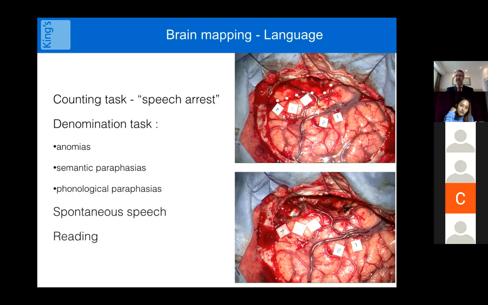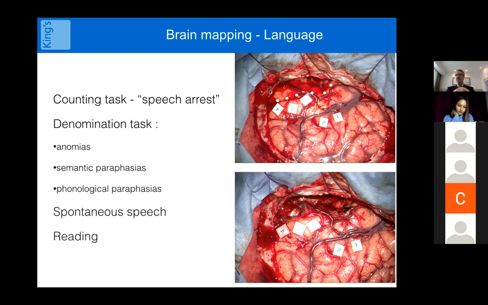And for example, this is a case of a left temporal tumor. You know that the left hemisphere is dominant for language in the majority of patients. And the number 1 and 2 was speech arrest. And then you do other tasks such as object naming, action naming, verb or name generation to identify anomias, semantic and phonological errors.